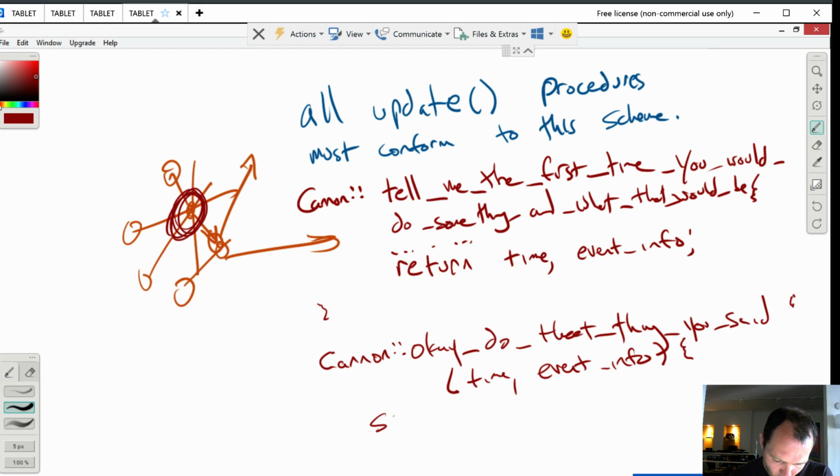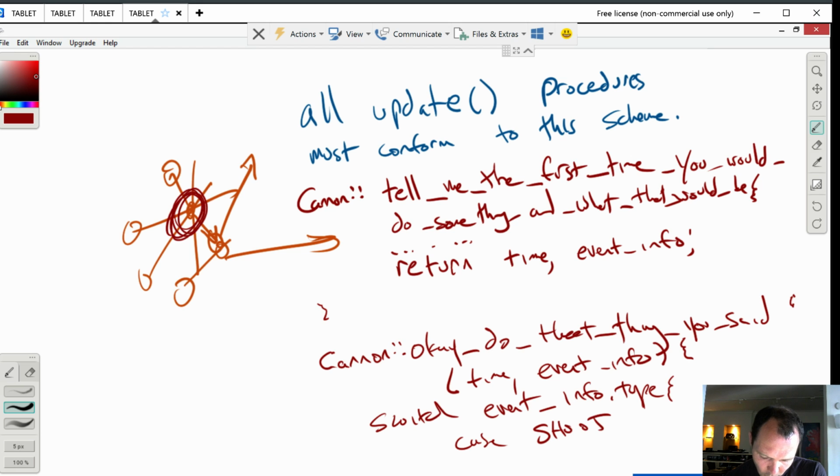And here you're going to switch on event info.type, and it's like case shoot, then do some stuff. So we took a relatively simple update function and broke it into something that is really more complicated than we would like. And we've done that for all gameplay code in the entire game, right?